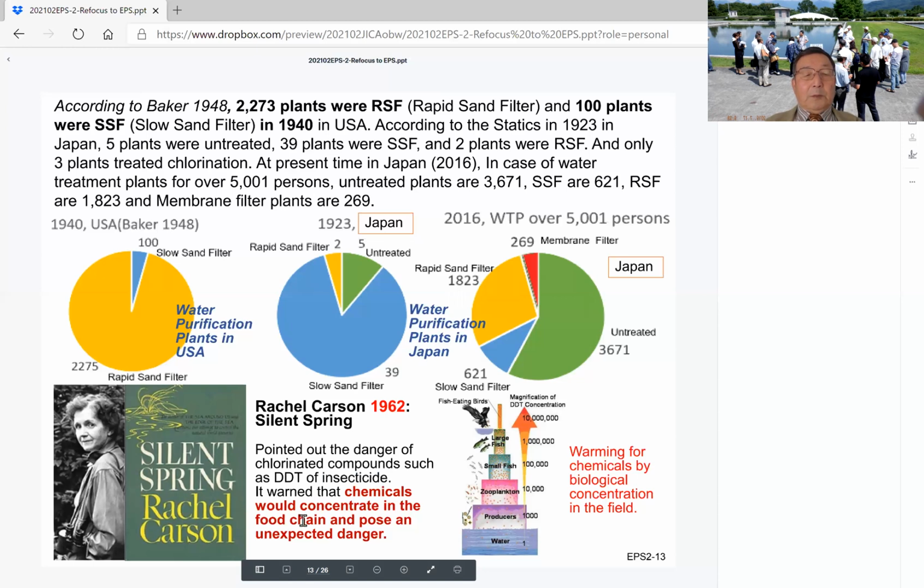It warned that chemicals concentrate in the food chain and pose an unexpected danger, warning of biological concentration of chemicals through the food chain.